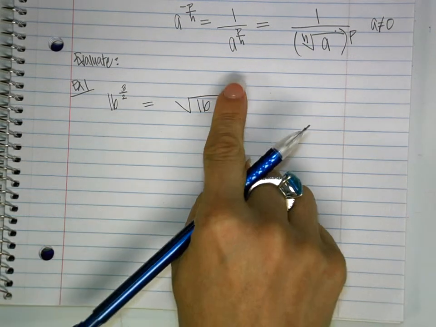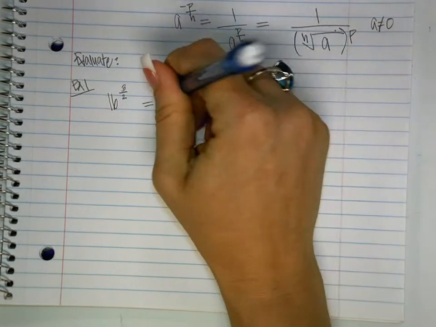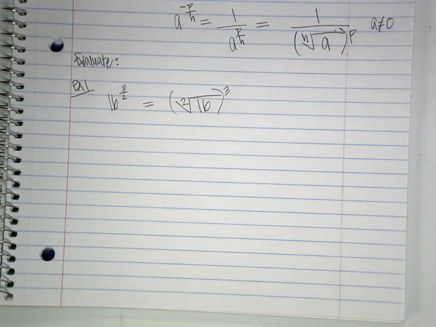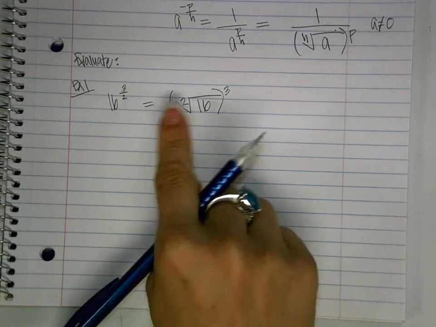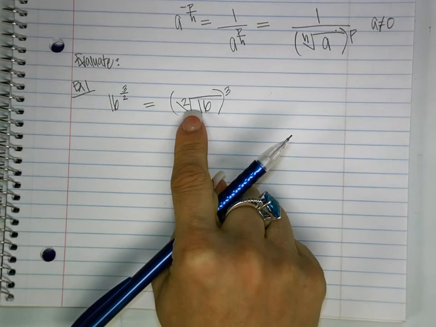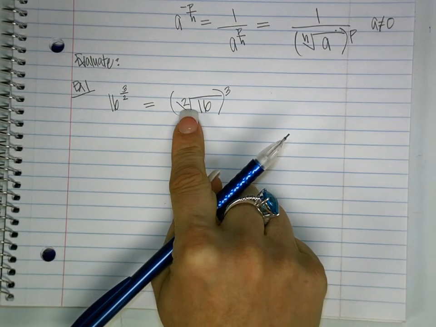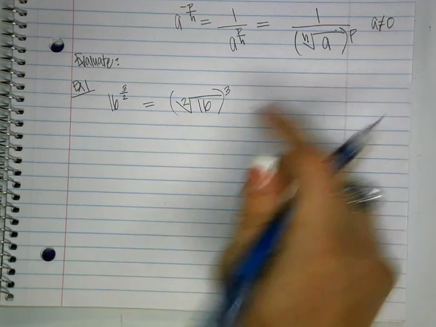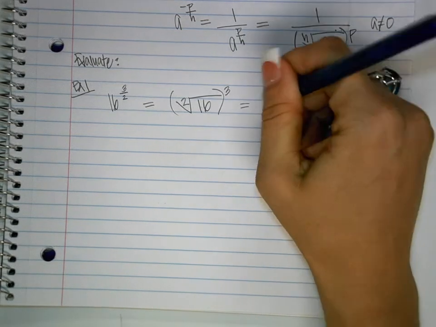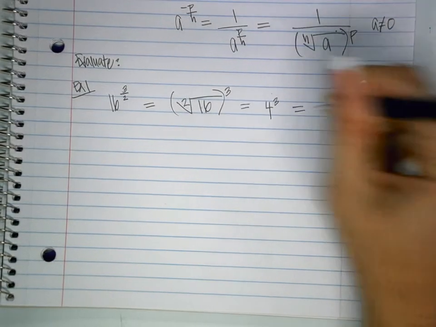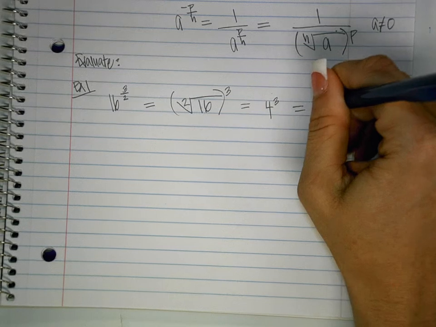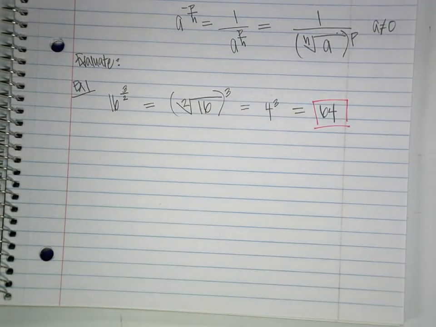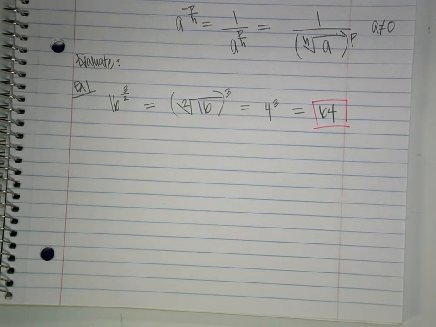The 3 is on the outside, so that's your power, and 2 is in the handle. A square root, we never write the 2, but it always has a handle of 2. So what is the square root of 16? 4. So we have 4 to the 3rd power, which equals 64. That's your answer: 16 to the 3/2 power evaluates to 64.